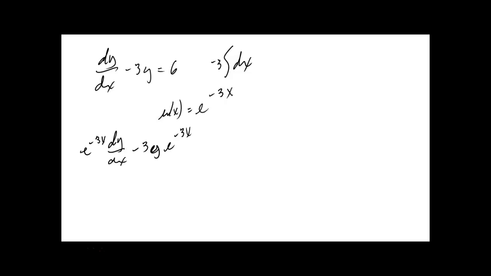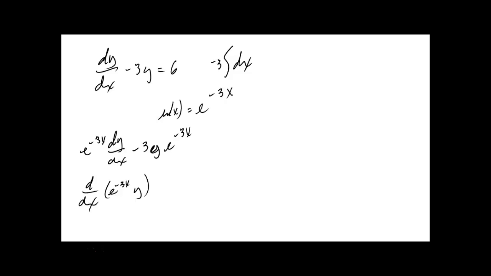Okay, and this we notice is d by dx of your integrating factor e to the minus 3x times your y. And there I wrote it in that order again. And that's the same thing we had before, right? So we don't have to go back and check that.